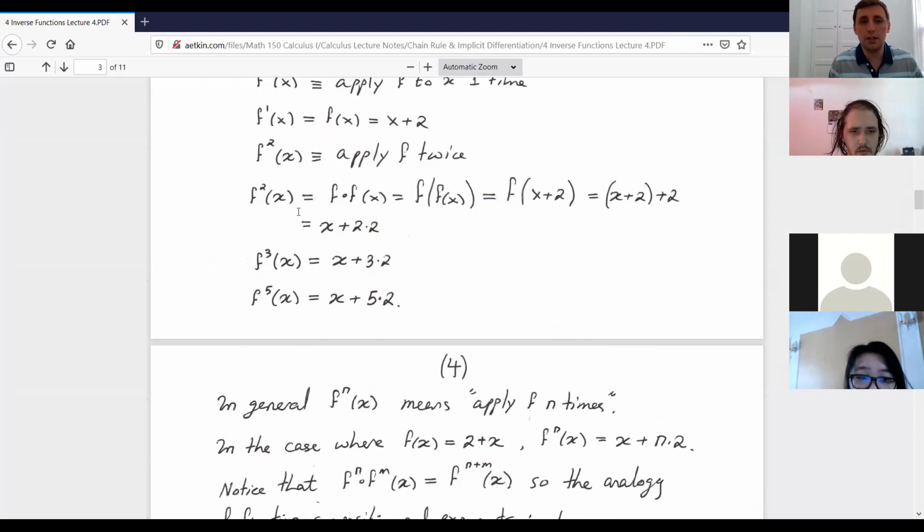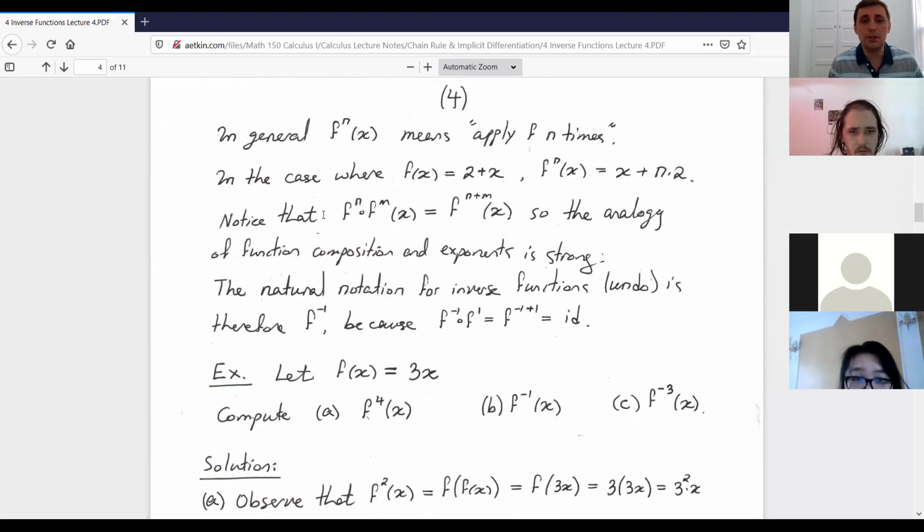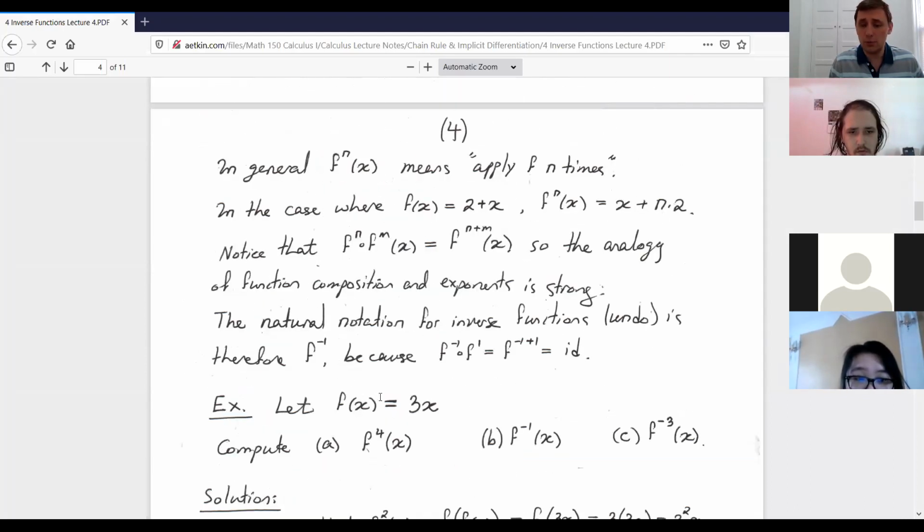So here is where I did a bunch of those examples. Now, guys, it's your turn. Here we have, just to be sure, f of x equal to 3x. I would like you to tell me what is f 4 of x, f minus 1 of x, and f minus 3 of x, please, for this function.